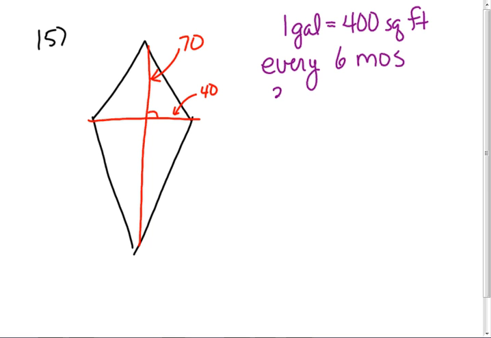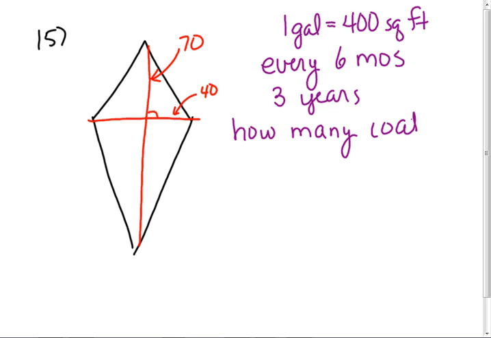Yes, 3 years. So really, how many coats are there? I did 6 times 3. I don't know what I was thinking. You're going to do 2 coats a year because it's every 6 months. So it's times 2 times 3. That's why my answer is wrong. Okay. I think I have the answer. Because the answer is 21.